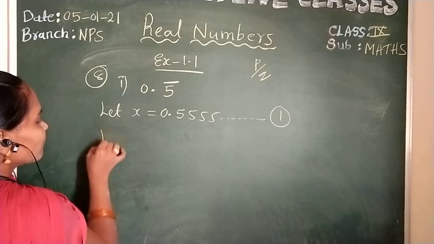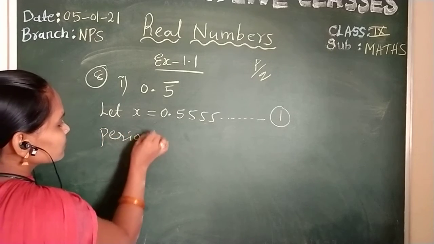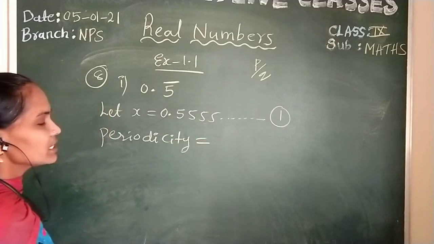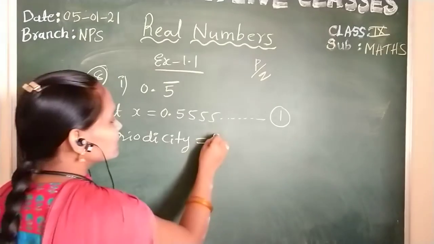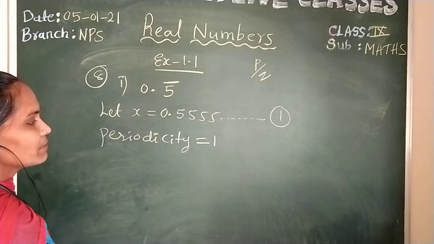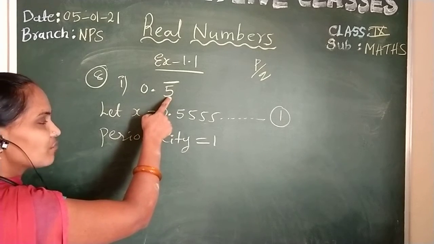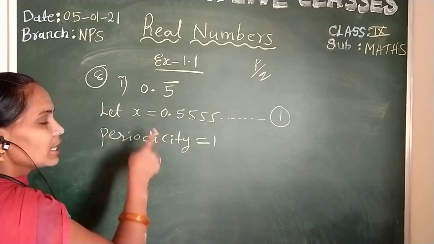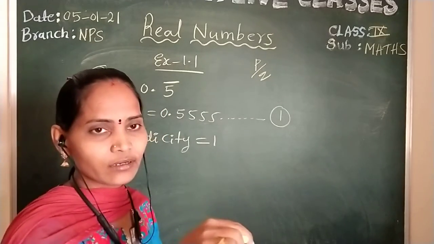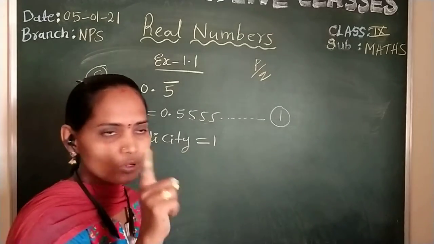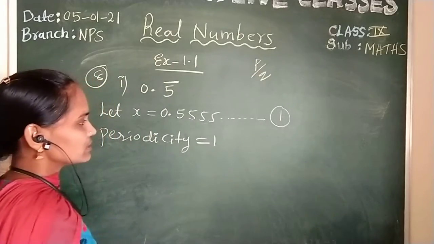Now you can find the periodicity. What is the periodicity here? 1. Why? Because the period is 5. Periodicity is the number of digits in the period. How many digits in the period? Only one digit, that is 5. So 1 is the periodicity.